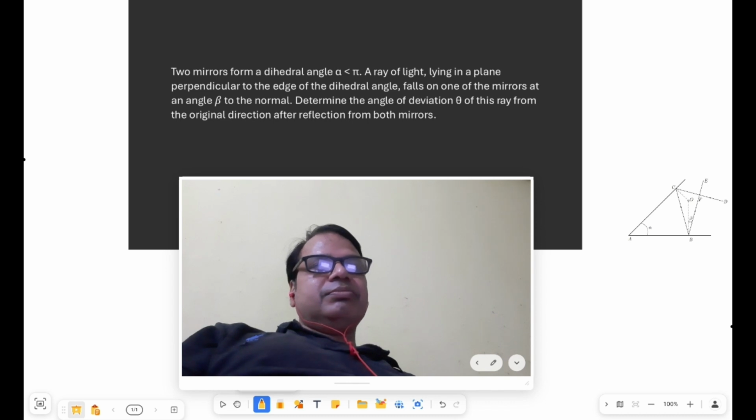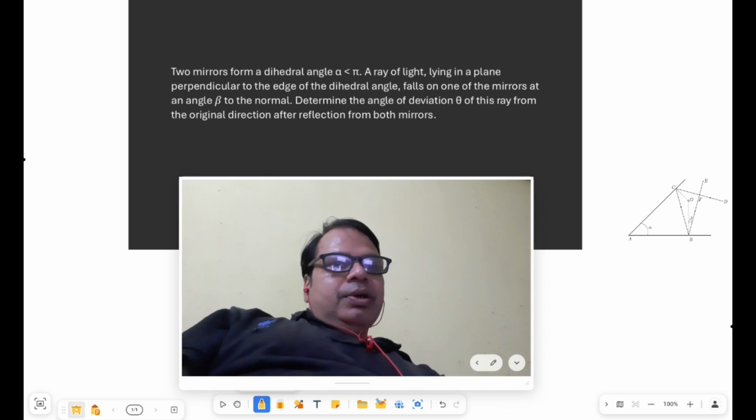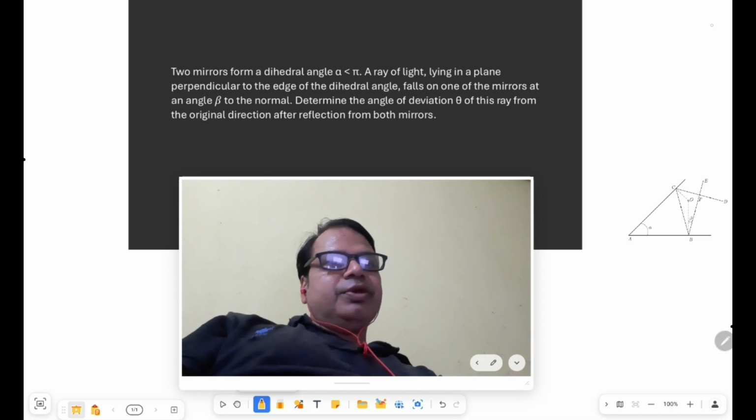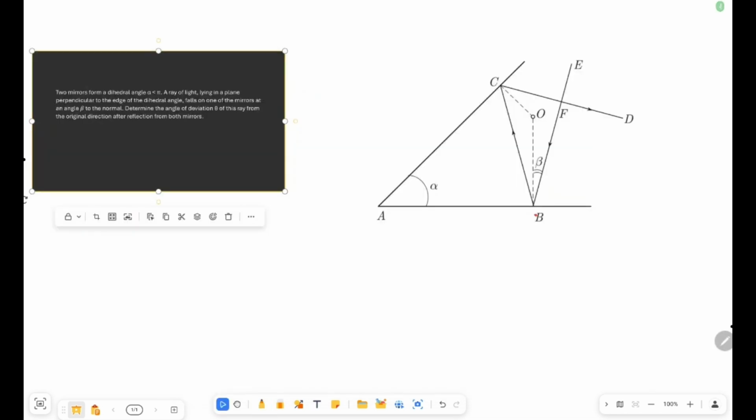So let's start solving this problem. Here is the diagram. Basically we have two mirrors like this one and this one, and the dihedral angle, that means the angle between their planes, is alpha, as you can see on the screen. This is the incident ray EB.